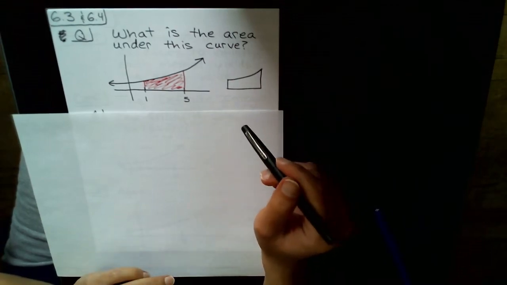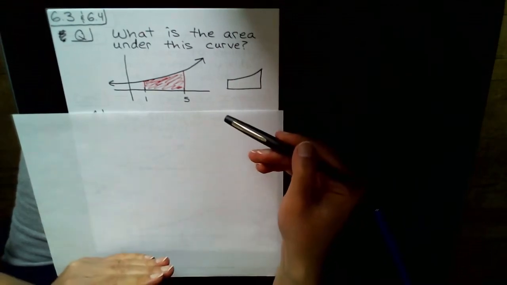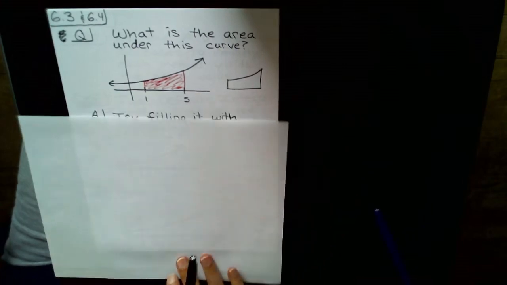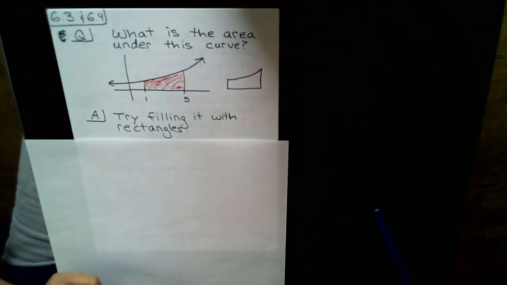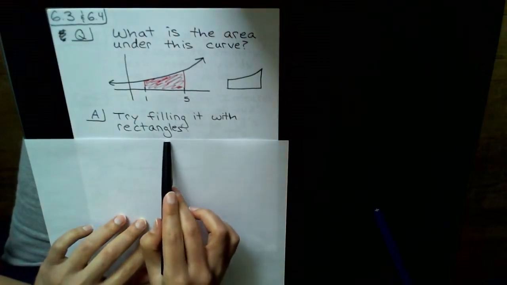So the only thing we can really do right now is just approximate that area by filling it in with a bunch of objects that we know the area of and then adding them all together. So for instance, what if we tried filling it in with rectangles?